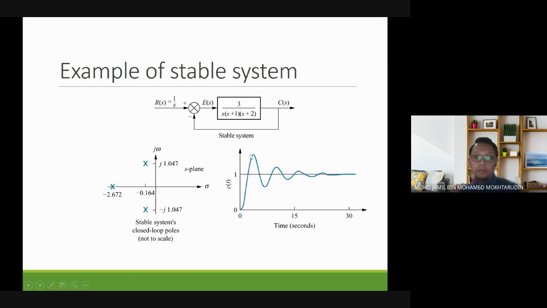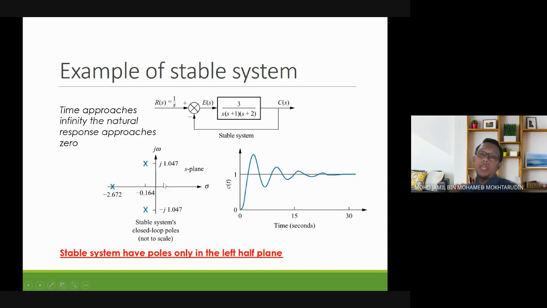If you look at the time response here, it is similar to case number 1, stable, because it reaches a steady state value equal to 1. As time approaches infinity, the natural response approaches zero, as shown by the graph c(t) here.